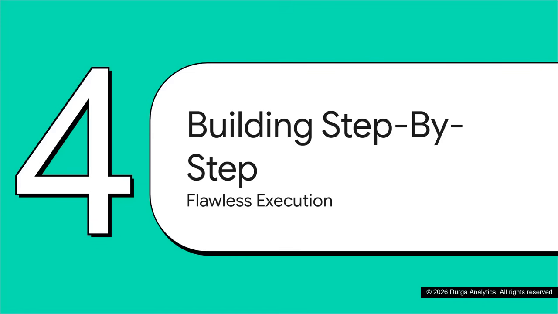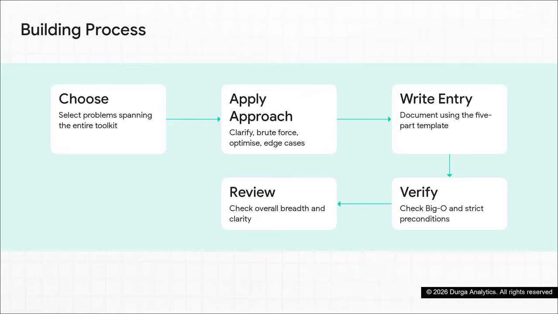Let's look at Section 4, Building Your Portfolio Step by Step, Flawless Execution. Knowing what to include is one thing, right? But execution is everything. You're going to build this iteratively in 5 distinct stages. First, carefully choose your spanning problems. Second, apply the structured approach we learned in Chapter 39.